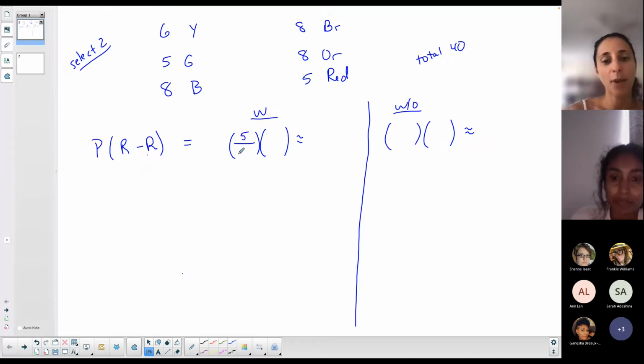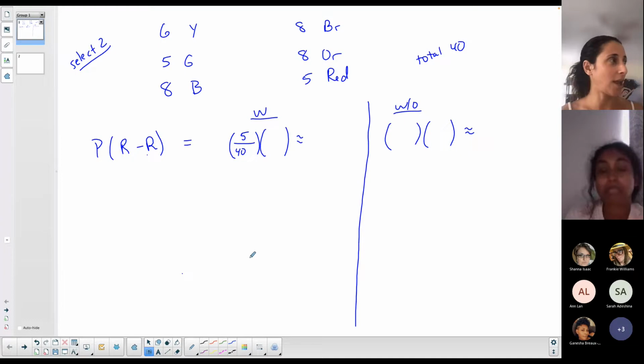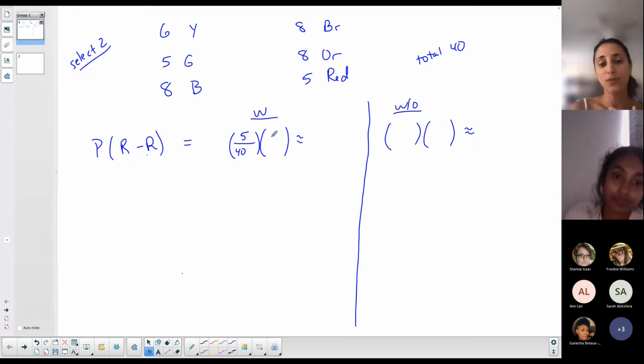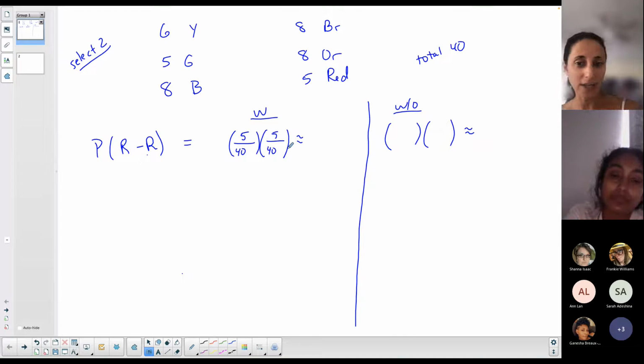Now, being that I'm replacing it, I'm not affecting the number of reds or the number of M&Ms. So the second red would be a probability of 5 out of 40 still. The only reason it's not 39 is because I'm putting it back. This one is with replacement.